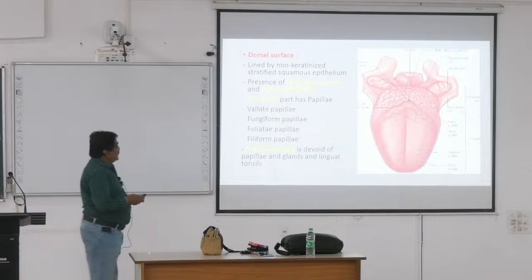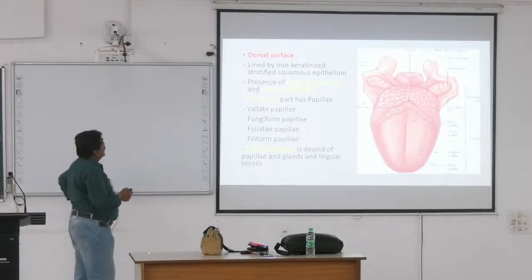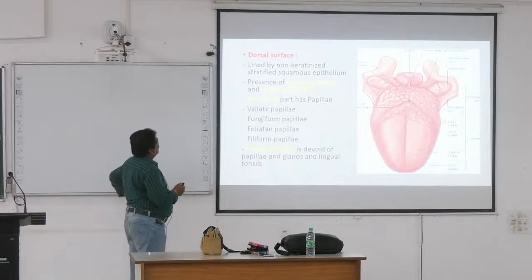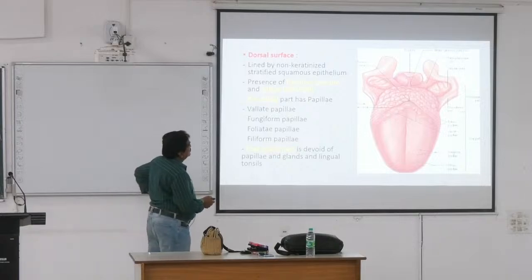Now the dorsal surface is lined by non-keratinized stratified squamous epithelium, with the presence of the foramen cecum, this is the foramen cecum, and sulcus terminalis.